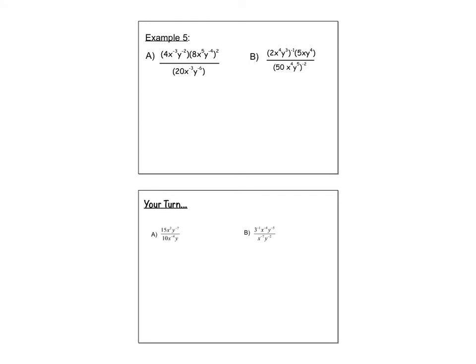So as I'm looking at this problem, example 5, I see I've got some that are power to a power. Like that 8x to the 5th, y to the negative 4 is all to the second power. I'm going to go ahead and take the power to a power first.